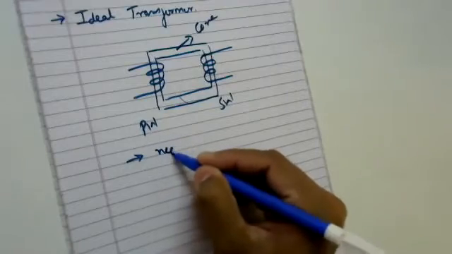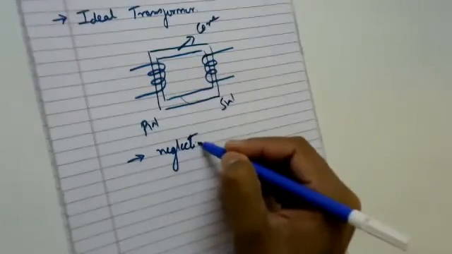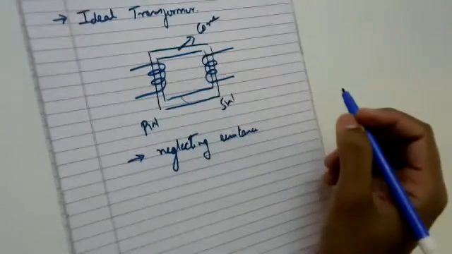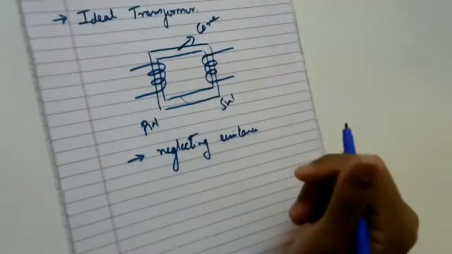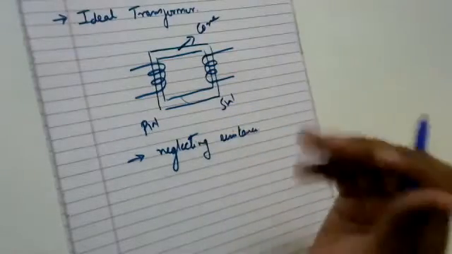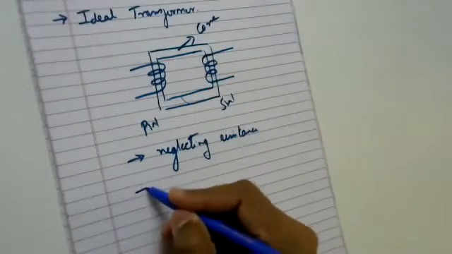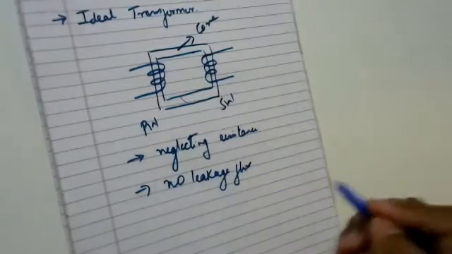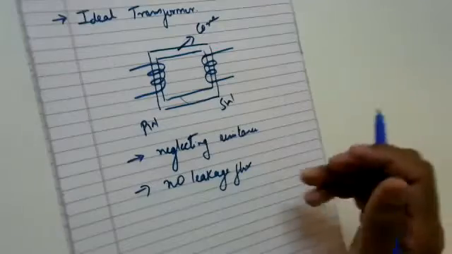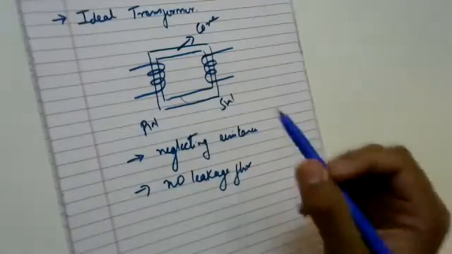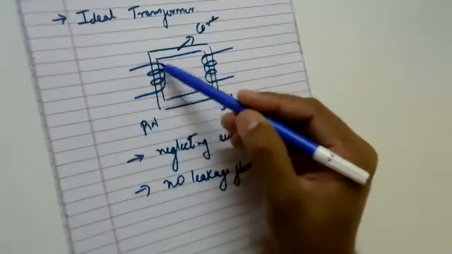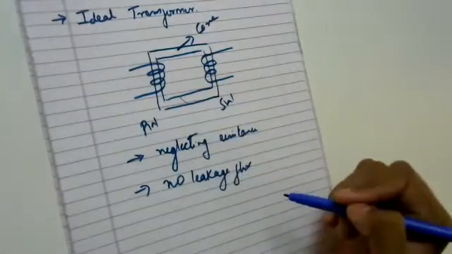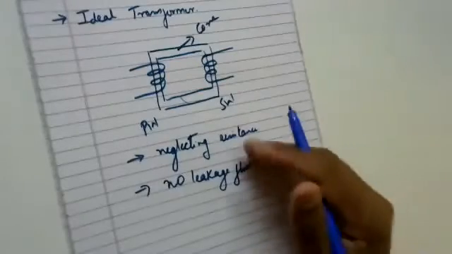Second, there is no leakage flux. What does this mean? It simply says that whatever flux has been produced by the primary winding, the complete flux is linking to the secondary. We'll talk about all the parameters one by one later.